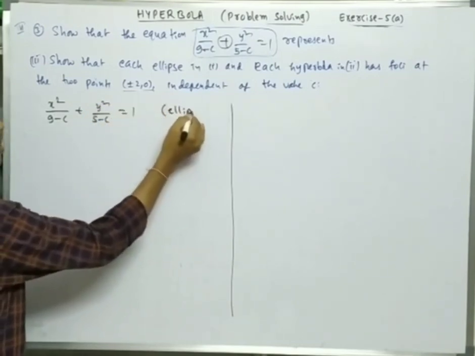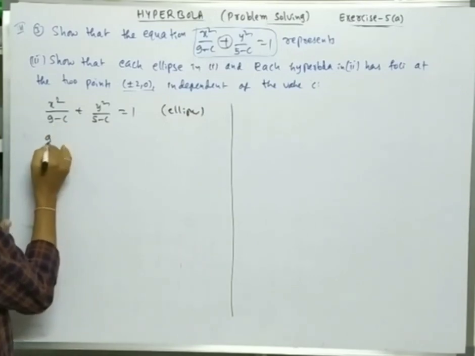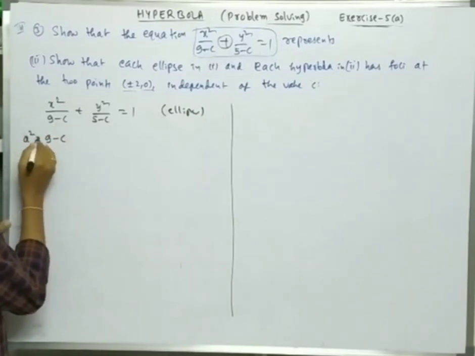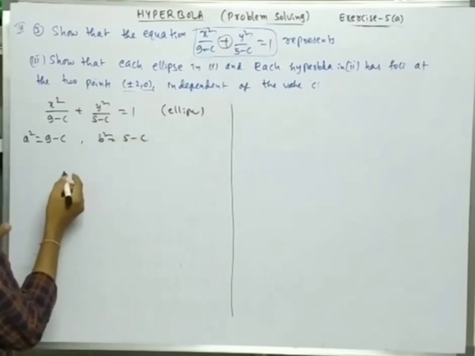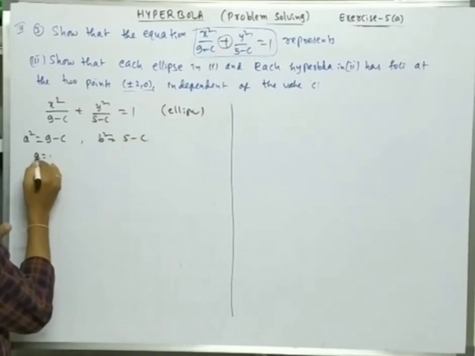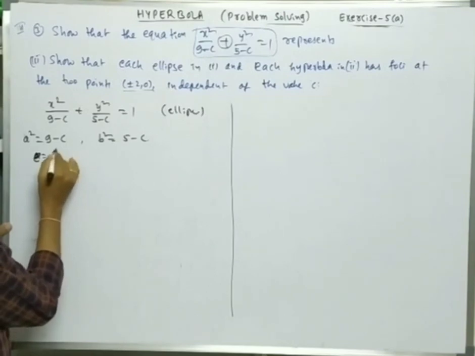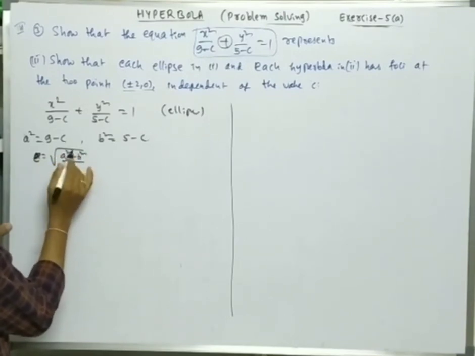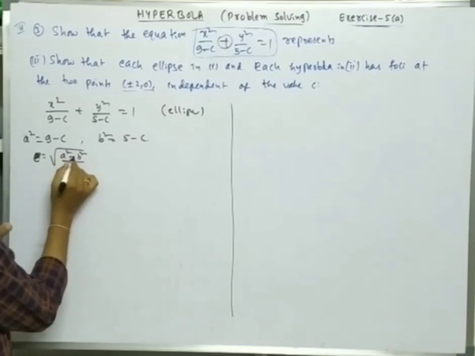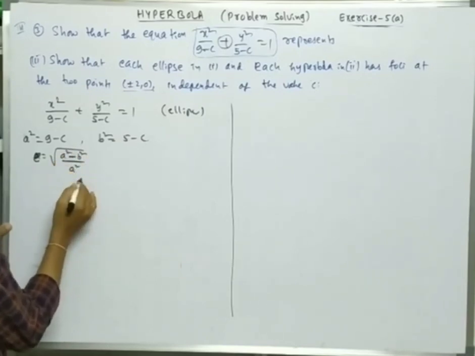So a square is 9 minus c, b square is 5 minus c. Then eccentricity is equal to under root of a square minus b square by a square.